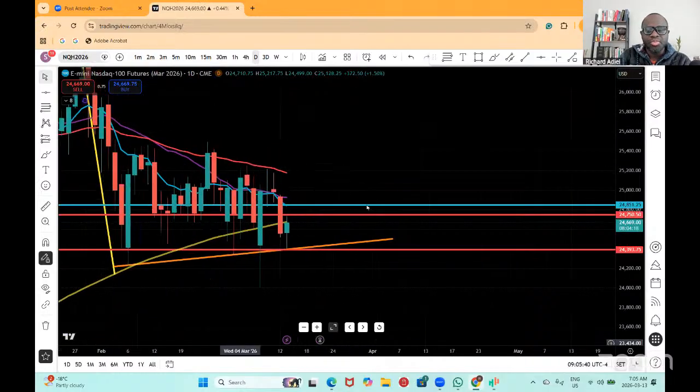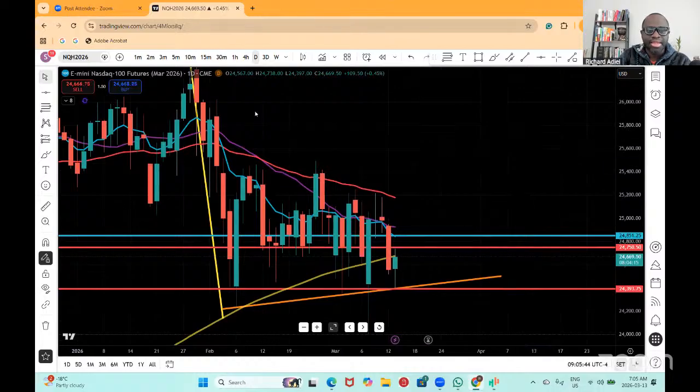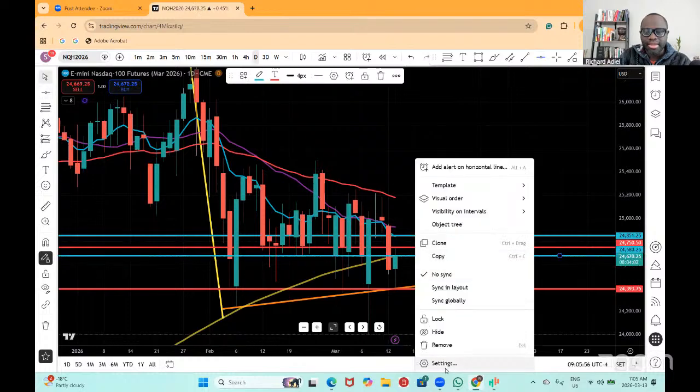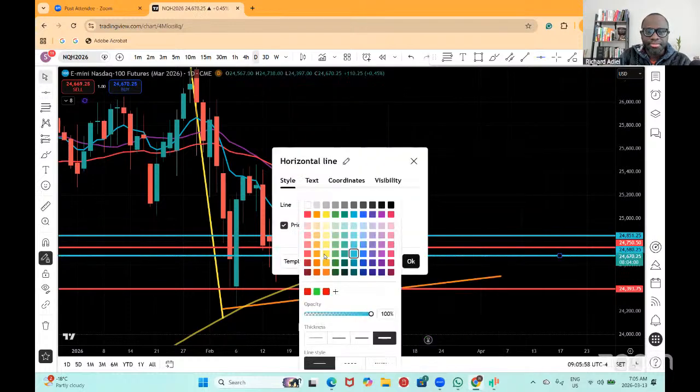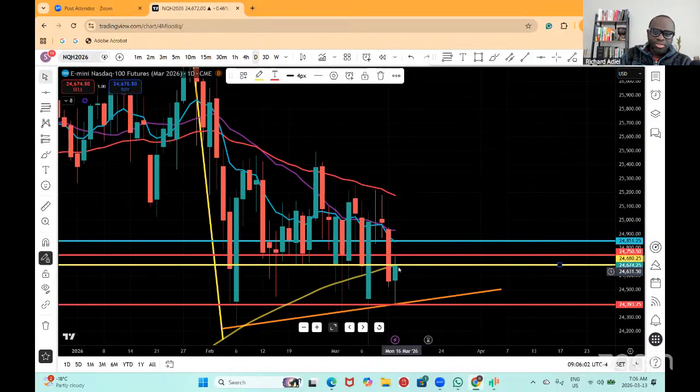So for me, this morning, today's Friday, I'm not planning to stay here for long. My goal is to capture a move from here to here. I need to mark the 200 as well, so that we know exactly where the 200 is. There you have it. This is the 200 SMA here.